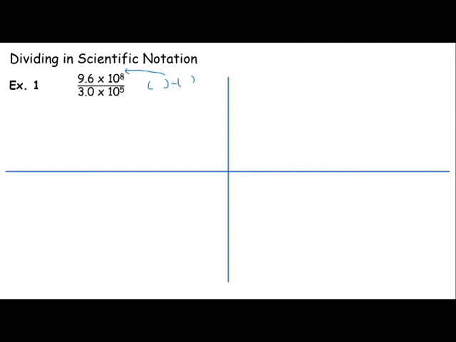Here's what I do. I take my 9.6 and my 3, and I write those as a fraction. Times, I have my 10 to the 8th and my 10 to the 5th also as a fraction. You might be wondering, why am I allowed to do that? Why can I take this and split it into two separate fractions?